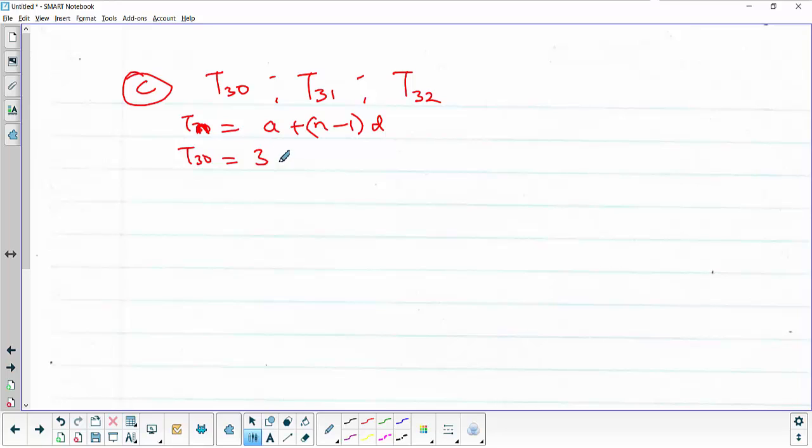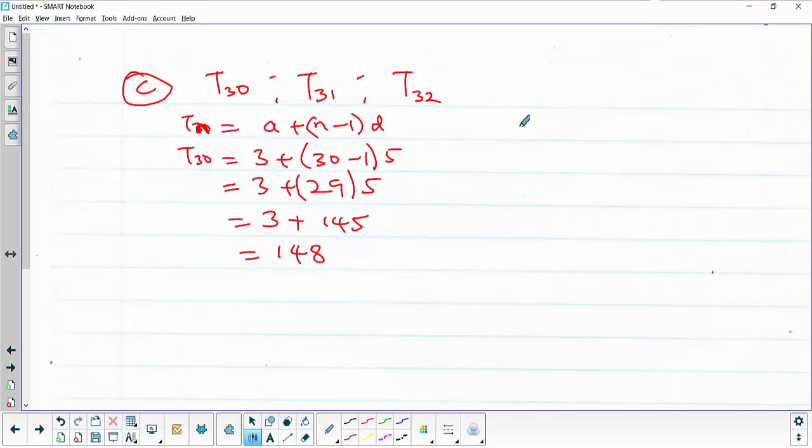Our A is 3 plus n is 30 now, minus 1, D is 5. We are having 3 plus 29 into 5. So when we multiply this one out, we are going to get 3 plus 145. Automatically, this is 148.